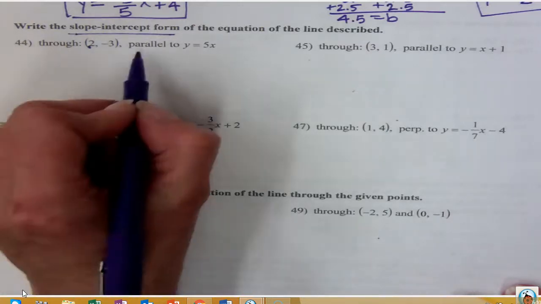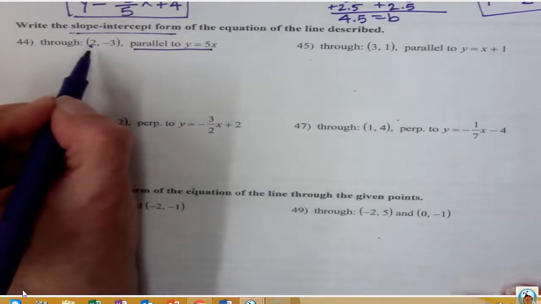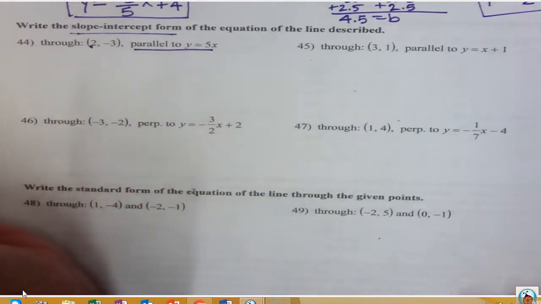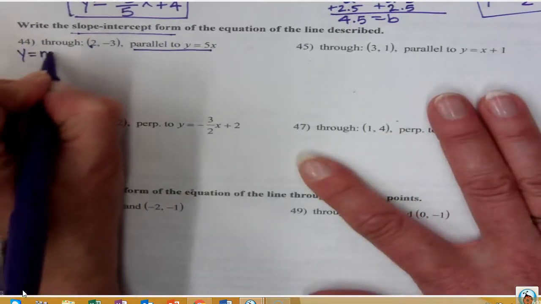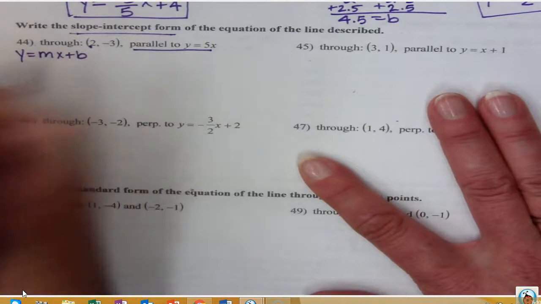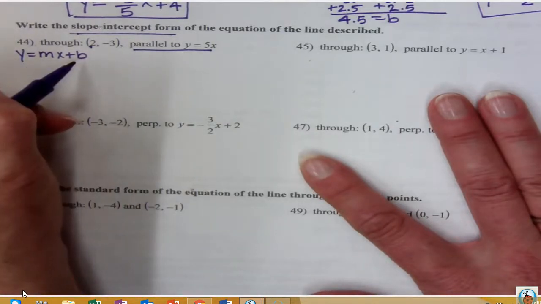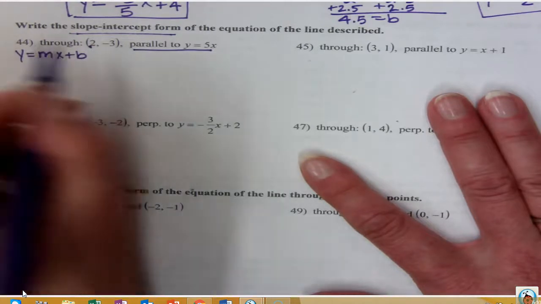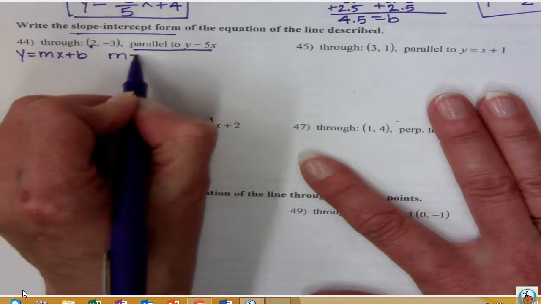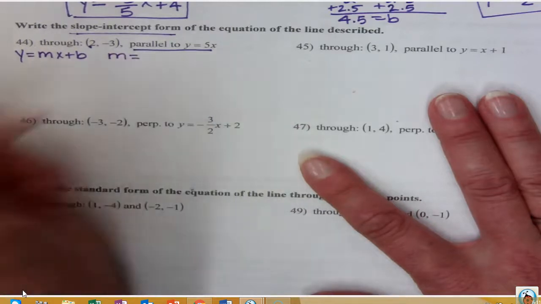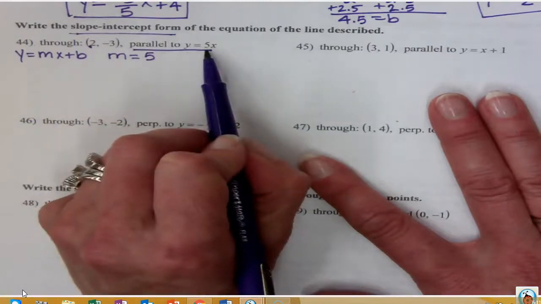So we know that it has to be parallel to this line and it has to go through this point. In order to figure that out, we know that it is going to be y equals mx plus b, where m is our slope, and now we need to find our y-intercept. We know our slope is going to be 5 because it is parallel to this line.